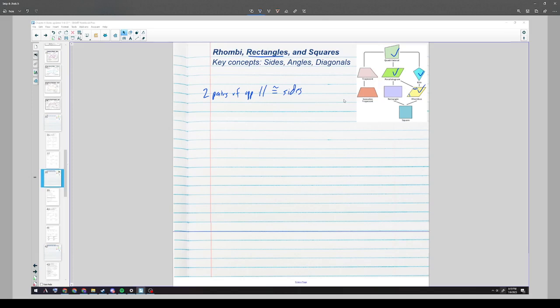We know that opposite angles are congruent, and we know that consecutive angles are supplementary. But we also now have made everything a right angle. So that means instead of those two separate properties about angles, we can simply say all angles are 90 degrees. Or we say all angles are congruent, either way.